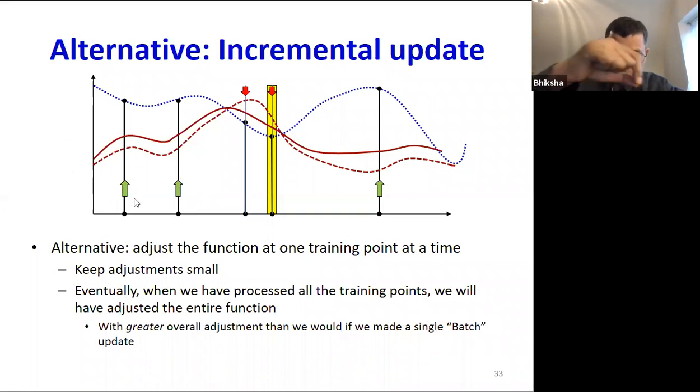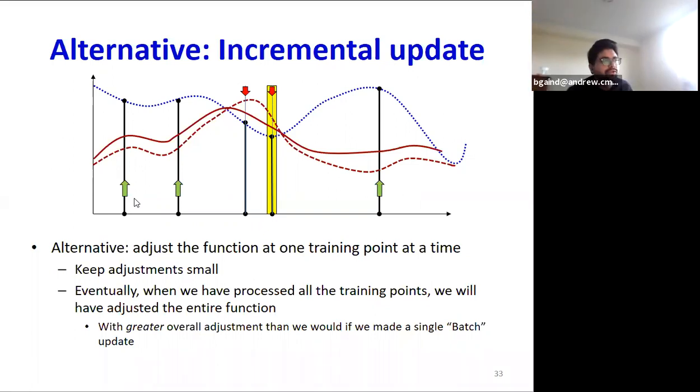If you're poking and pushing and modeling your handkerchief into a shape, you can't be pulling it by large amounts at each point. You're going to make small adjustments. So although the individual adjustments are going to be small, cumulatively over the entire set, eventually you're going to get an adjustment that might just be larger than what you would get if you did a proper batch update, which considered the entire collection of training data.